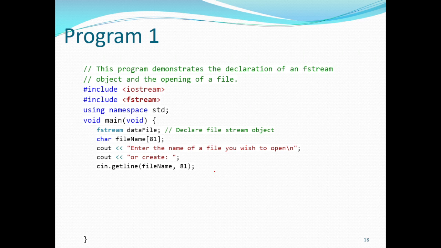So there are a bunch of examples here. First of all, there is an fstream object, and this is my object. It will hold the function when we open it. We are getting the file name from the user.